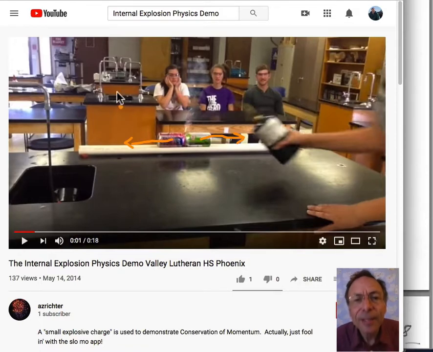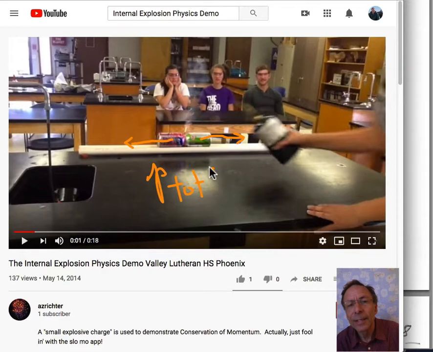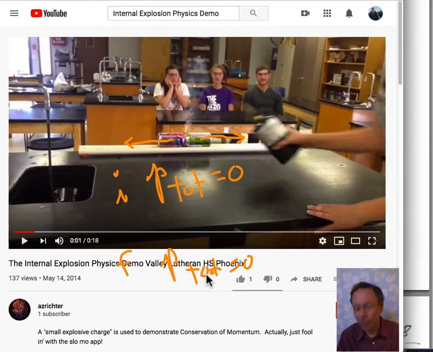Now let's think of this as a conservation of momentum problem. Before the explosion, the total momentum, P total, is equal to 0. After the explosion, the total momentum is also, so this is initial and then final, it's the same thing. P total is equal to 0.